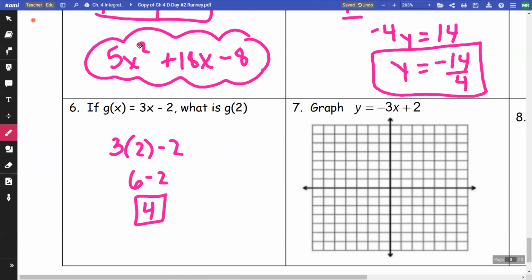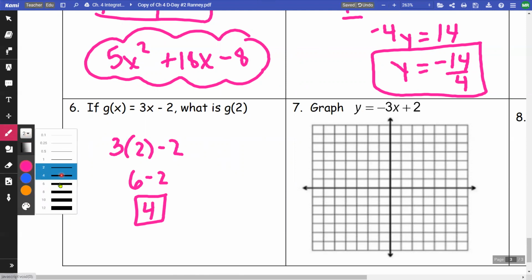On number 8, I'm going to graph. So the first thing I'm going to do is I'm going to graph my y-intercept. Okay, my y-intercept is 2, so I'm going to come up here to 2. And then my slope is a negative 3, which means I'm going to go down 3 to the right 1. Down 3 to the right 1.